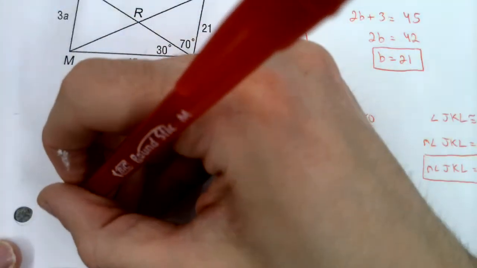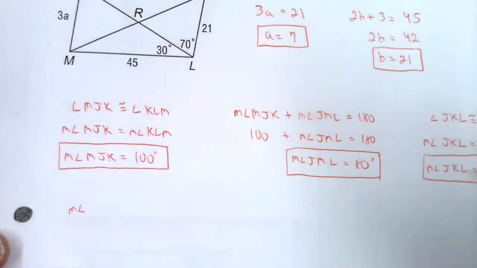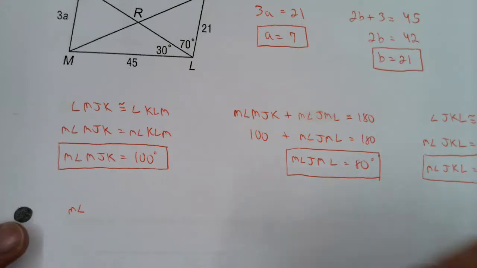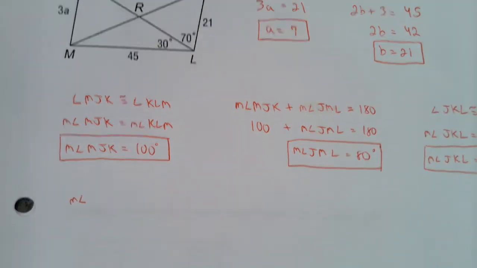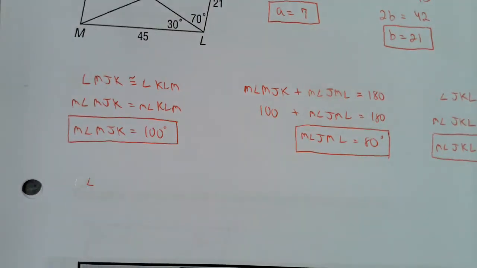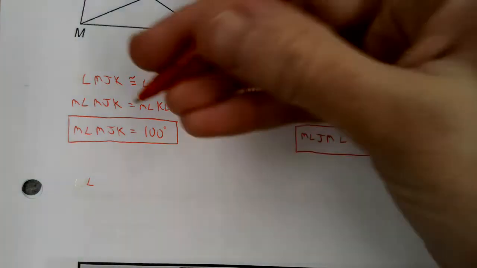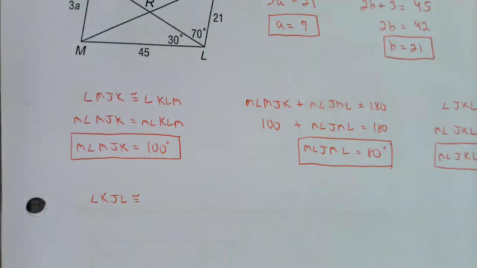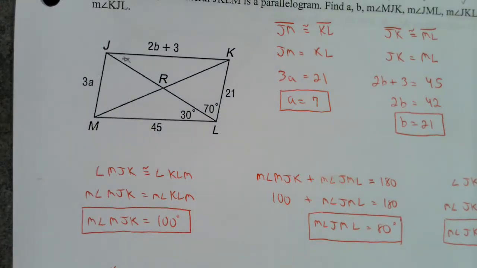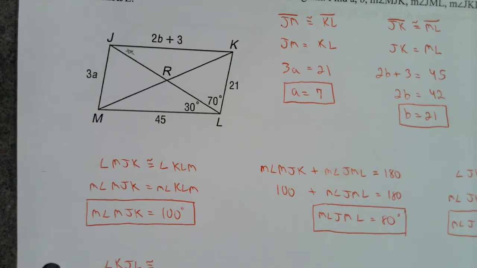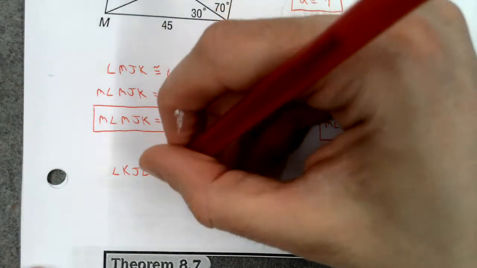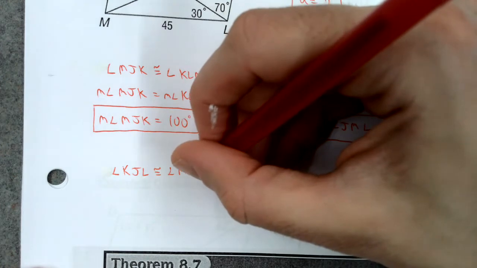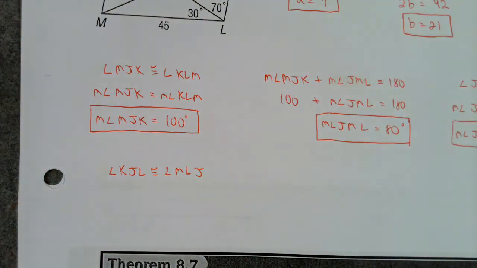I'm just going to say angle KJL is congruent to angle MLJ because they're alternate interior angles. Remember, we're told it's a parallelogram.